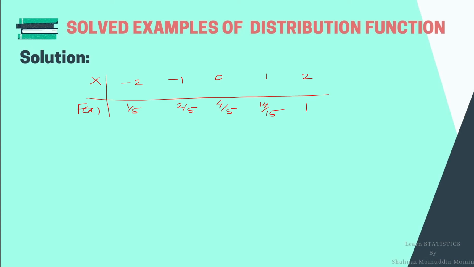One is the definition of distribution function, which is also known as cumulative distribution function, and its properties. And in the second point, we solved examples of distribution function by taking two different examples. In this way, we learned how to calculate the distribution function for a given PMF.